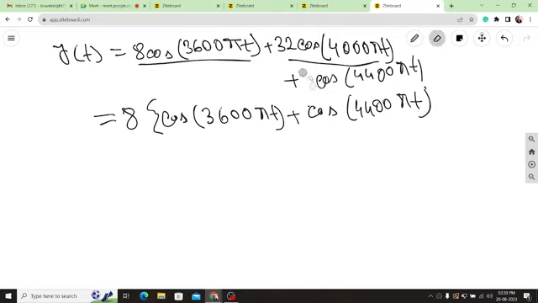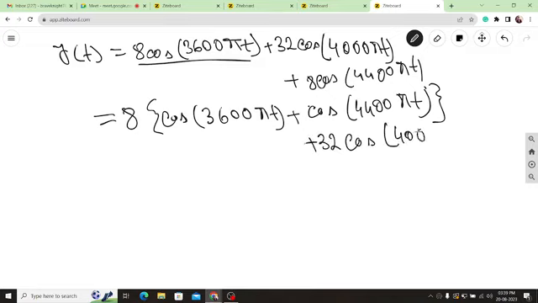Sorry, not this term, this term. This also has an 8 coefficient, right? So that is the simplicity. Plus 32 cos 400 pi t. So we are rearranging the terms.